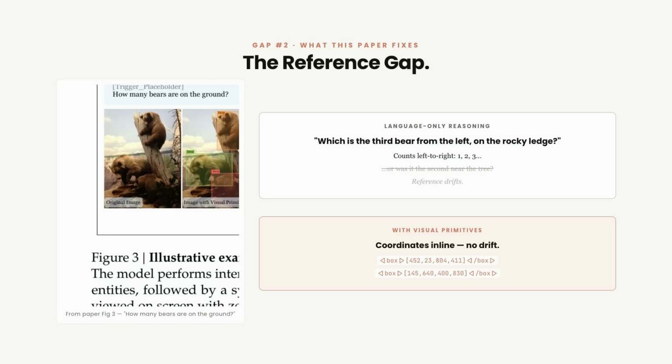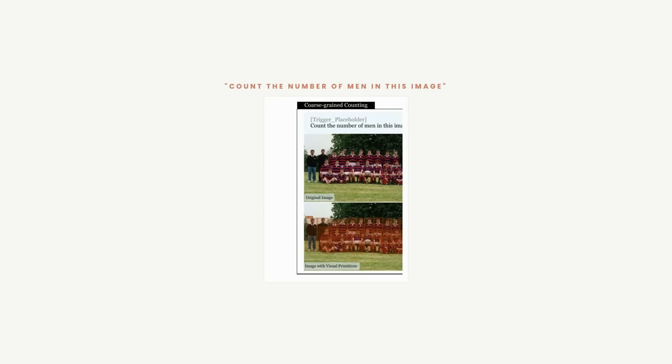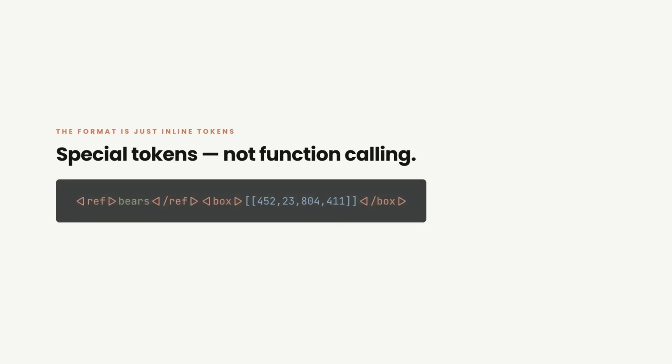So here is what they actually do. The user asks, count the number of men in this image. It's a team photo. It's very dense. So instead of the model just trying to count in language and confusing itself, the model writes out, mid-thought, the bounding boxes of every person it identifies. Every single person has a coordinate, and the format is just inline tokens.